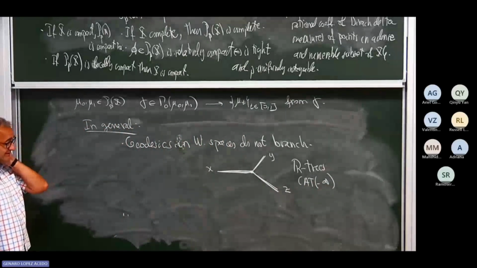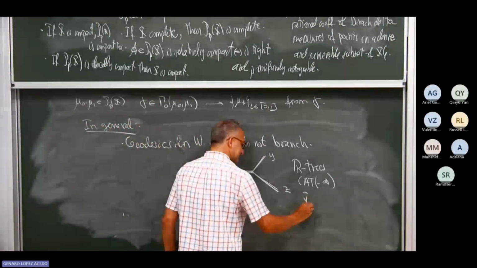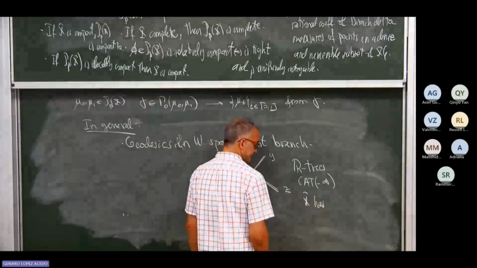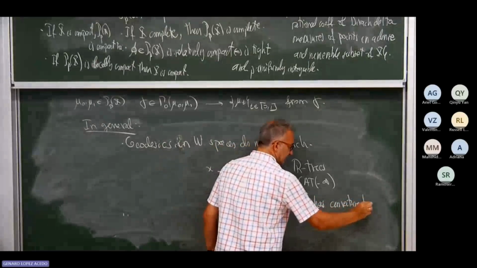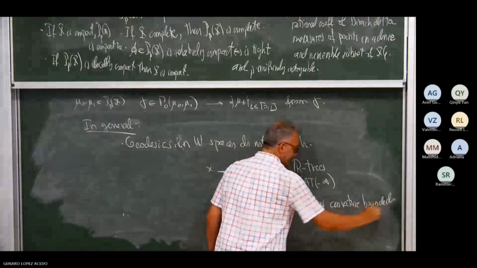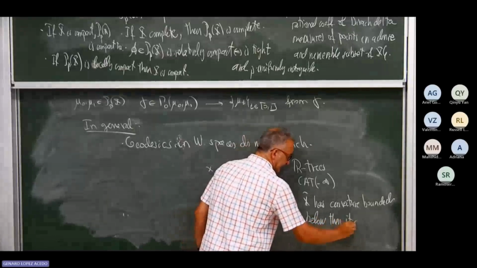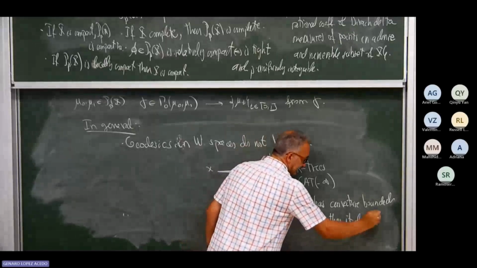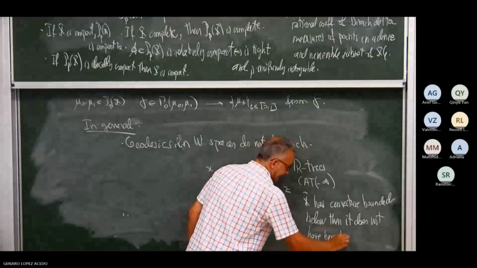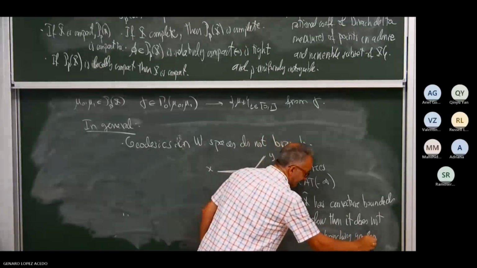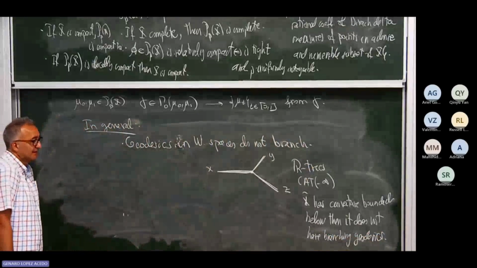And also it happens that if X has curvature bounded below, then it does not have branching geodesics, right?